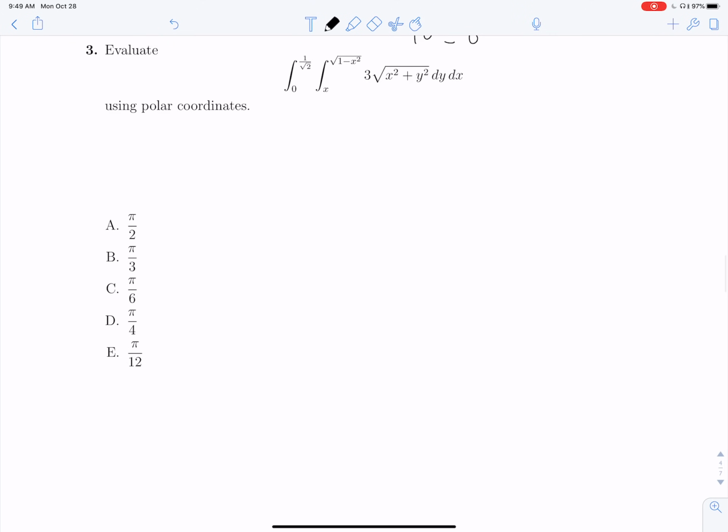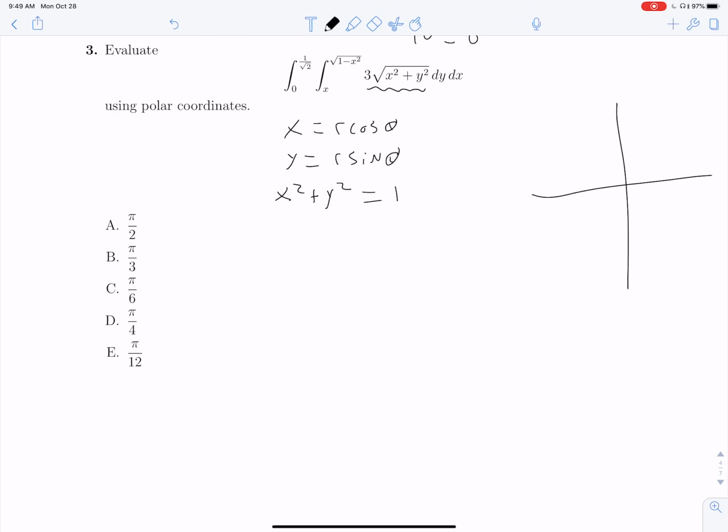Moving on to question 3, we have a pretty standard polar coordinate integration question, and it's always extremely helpful to graph these. So our integrand, we know that we can replace x's with our r cosine thetas and our y's with our r sine thetas, but we also know that x squared plus y squared equals r squared.